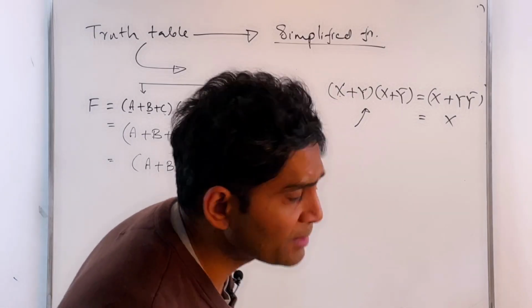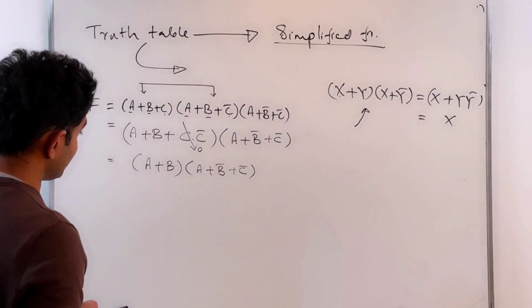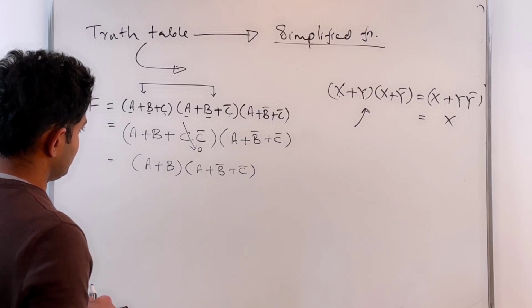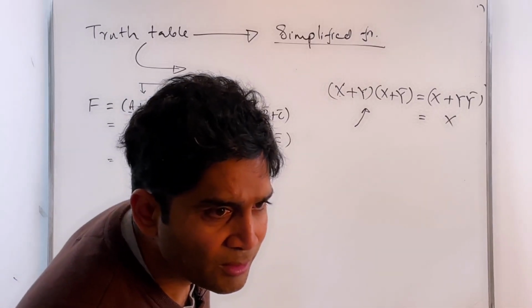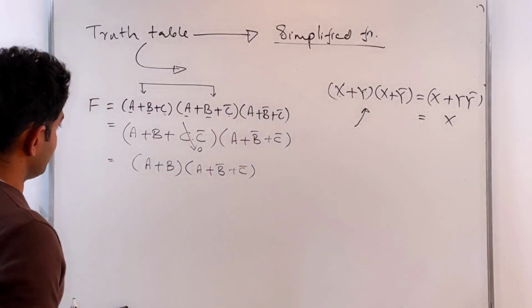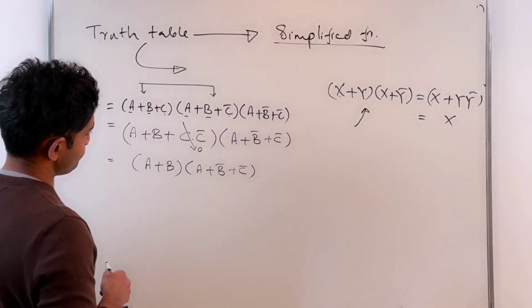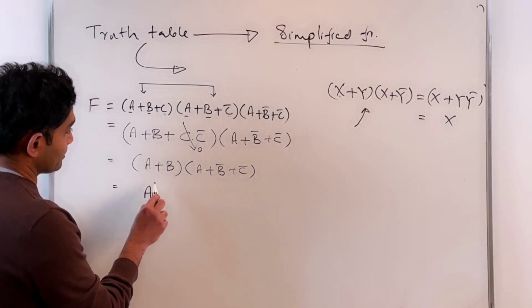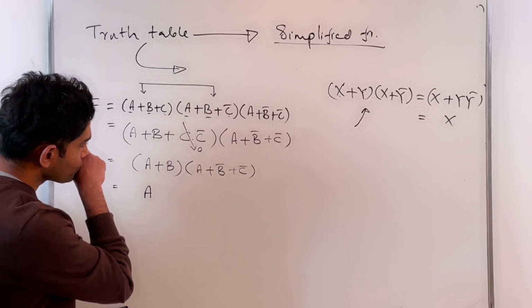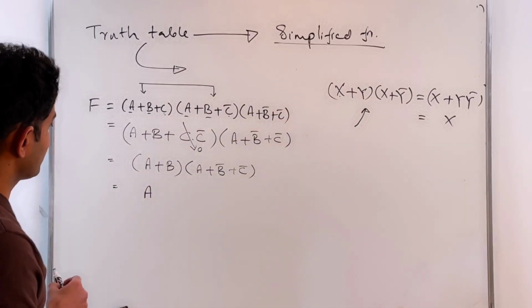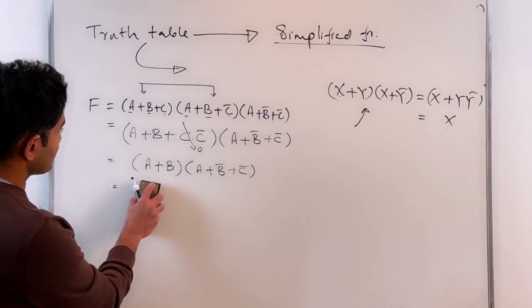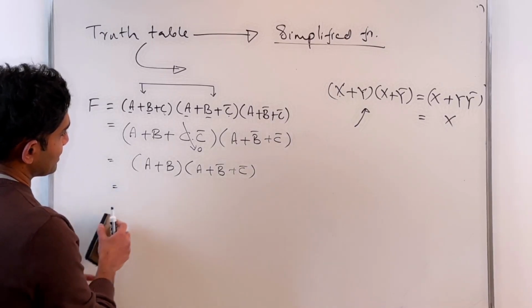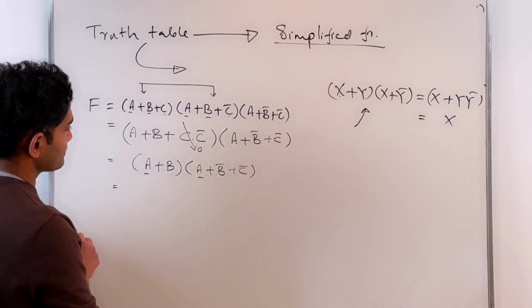BB prime plus C prime. A plus BB prime plus C prime. It can just be A. Okay. All right. So let's do that. In this case, I have A common.